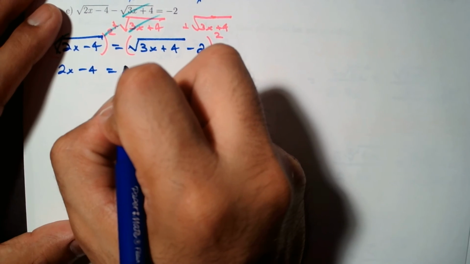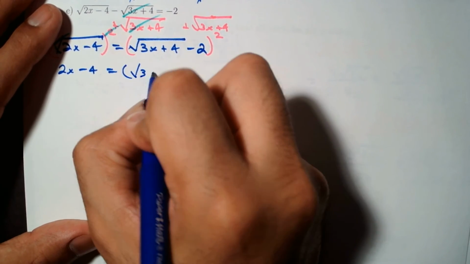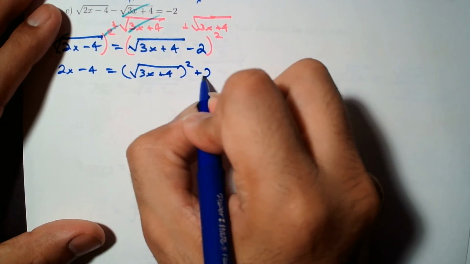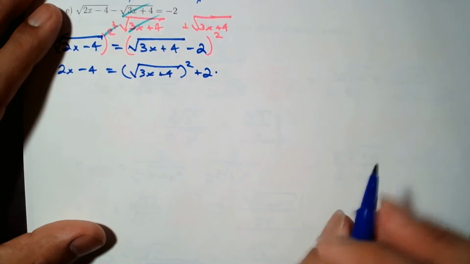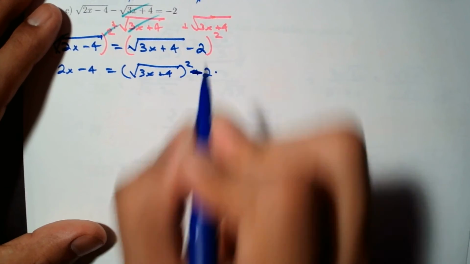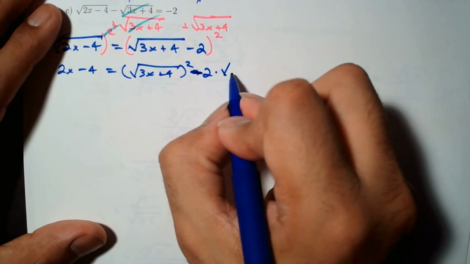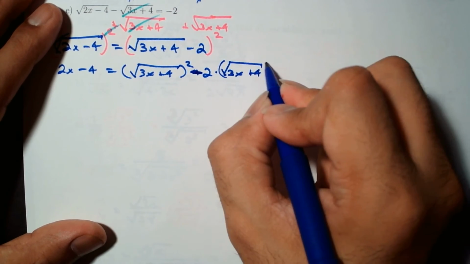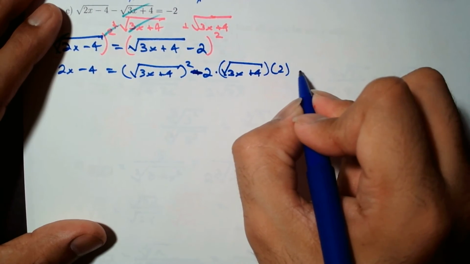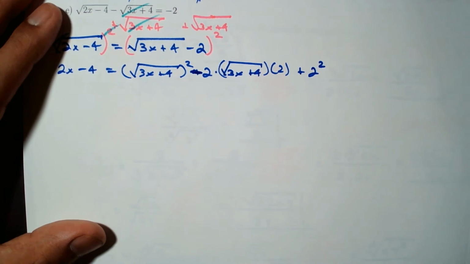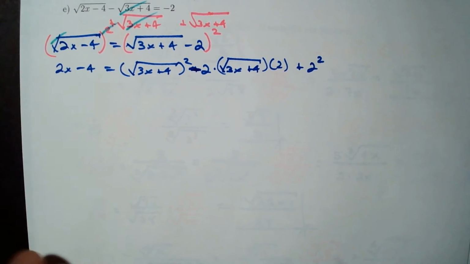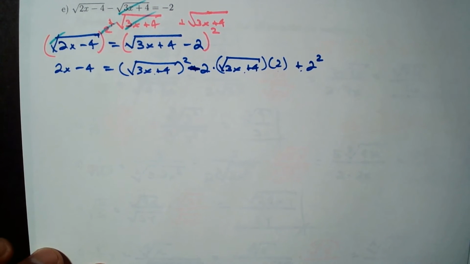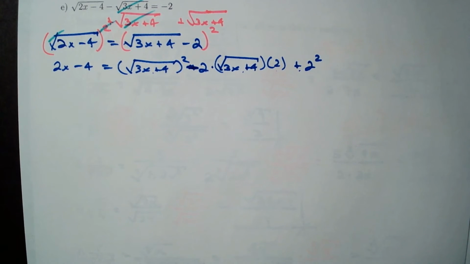This is going to be the square of the first term, plus 2 times the product of the first and, actually minus, because there's a minus, the square root of 3x plus 4 times 2, and then plus the second term squared. That's a squared minus 2ab plus b squared. Let's keep simplifying.